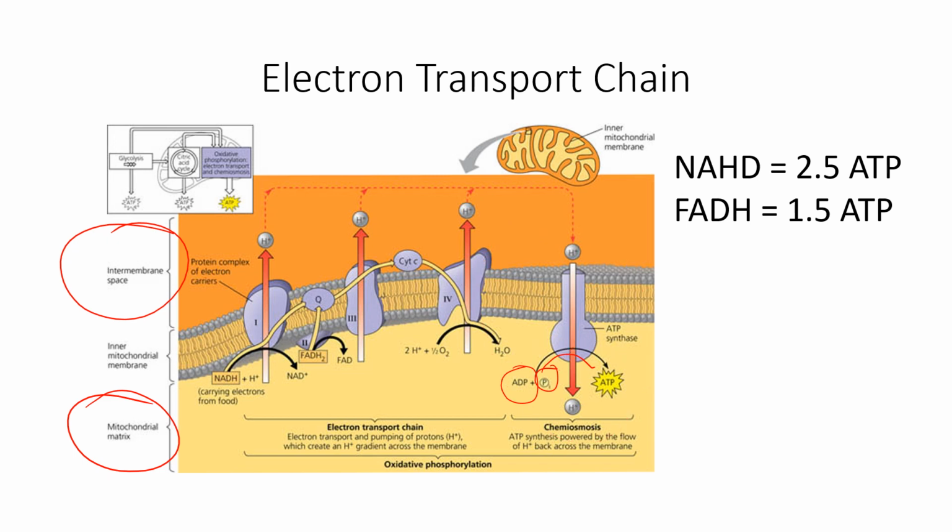This is where the synthesis of ATP inside of the mitochondria actually occurs. It happens because of this hydrogen ion gradient that we create in the electron transport chain. The hydrogen ions come back through ATP synthase, cause it to rotate, and as it rotates, it resynthesizes ATP by combining inorganic phosphate with ADP.